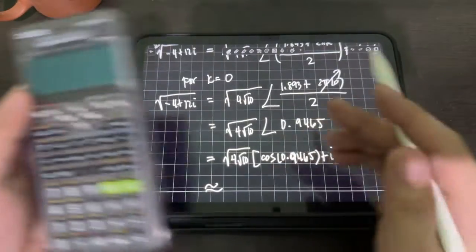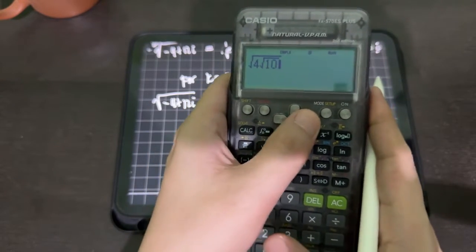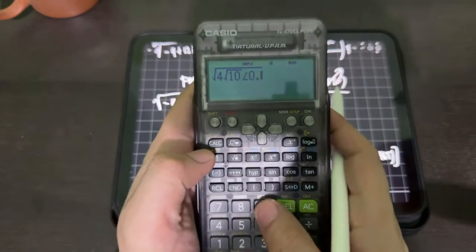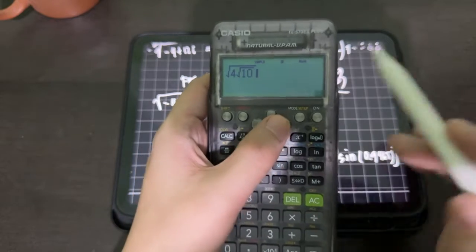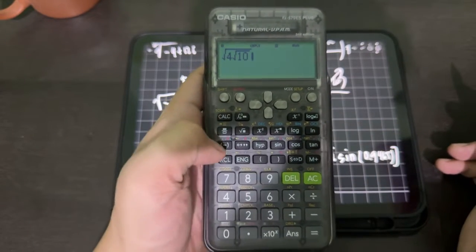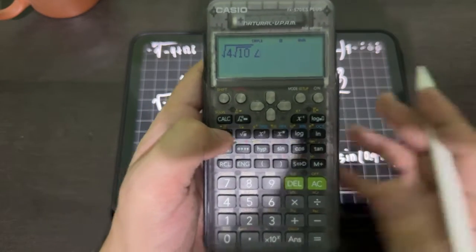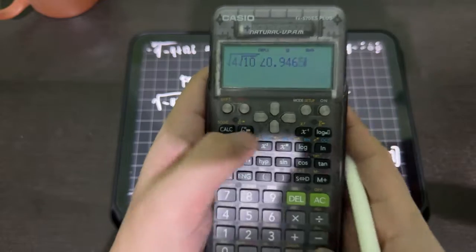You just input square root of 4 square root of 10, and then the angle. Sorry, the angle should be outside the radical. So you press the right button and then shift angle, then 0.9465.